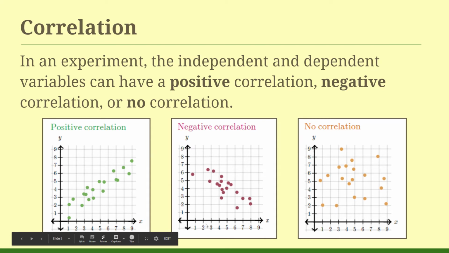For negative, it's as the independent increases, then we see a decrease in the dependent variable, or negative overall slope, or negative overall trend. And then no correlation can look like lots of things, either a horizontal line or no distinct positive or negative trend, kind of just all over the place. And that shows that even as the independent variable increases, the dependent variable doesn't change in a predictable way.